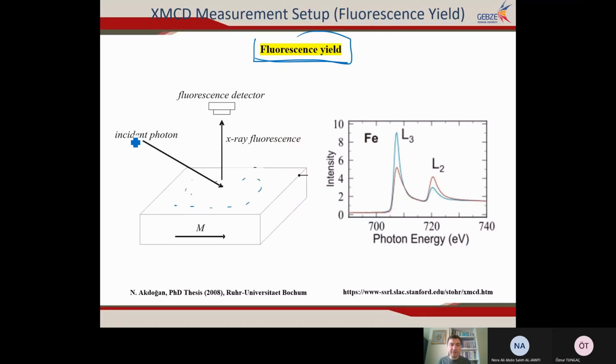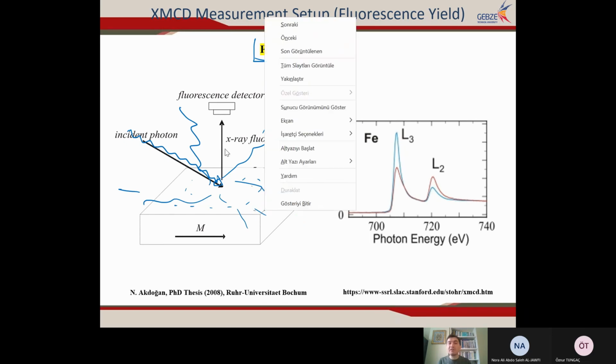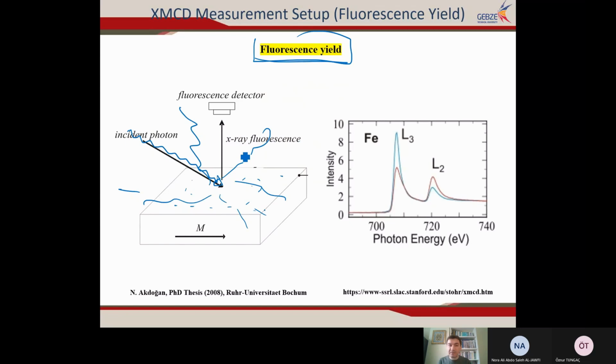Here we have an incident photon, X-ray comes on the surface, absorption occurs. We have many electrons, but we have also fluorescence X-rays coming from the material, and we don't care about the electrons. We are only dealing with the fluorescence X-rays.